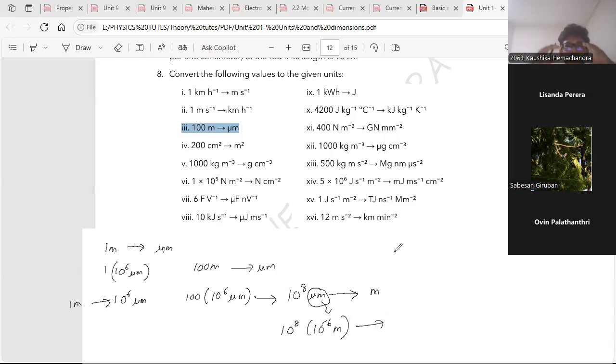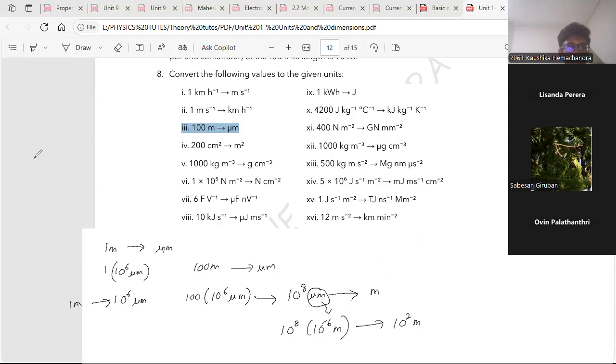When you go from the prefix to the unit, you take the value of the prefix. But when you go from the unit to the prefix, you take the opposite power: 10 to the power minus 6 becomes 10 to the power 6. So 10 to the power 8 into 10 to the power minus 6 gives 10 to the power 2 meters. We get the same answer again.